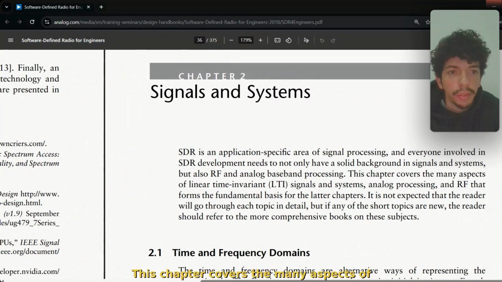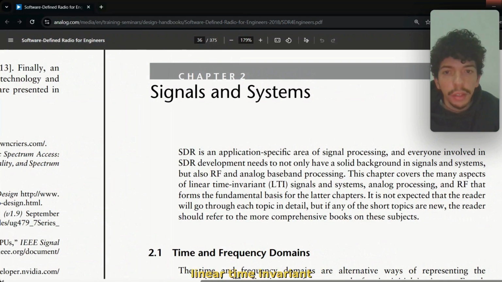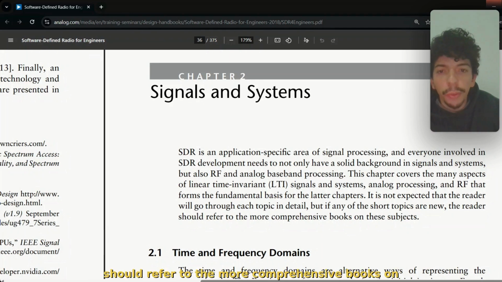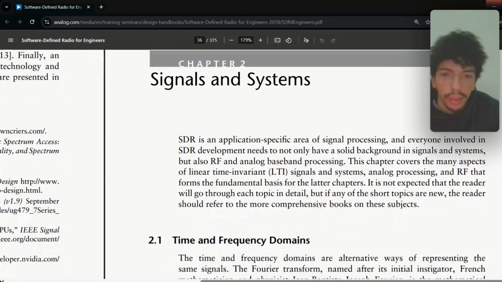This chapter covers the many aspects of linear time invariant (LTI) signals and systems, analog processing, and RF that form the fundamental basis for the later chapters. It is not expected the reader will go through each topic in detail, but if any of these short topics are new, the reader should refer to the more comprehensive books on these subjects.